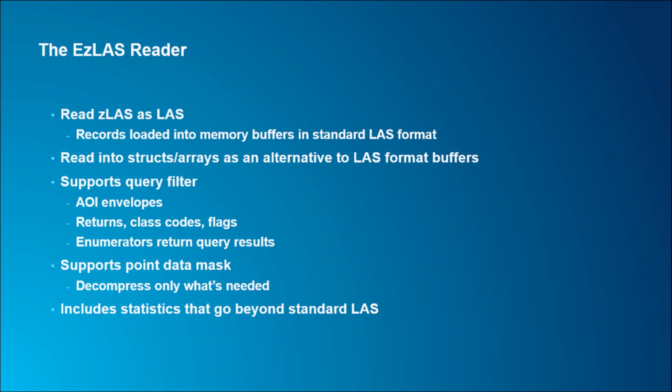So you already have code to read LAS format data. Basically, we hand you LAS format data in memory when you're making calls to this. So that makes it simple.